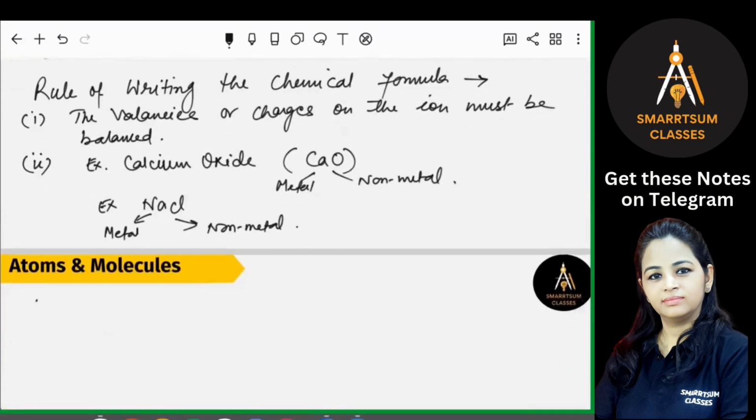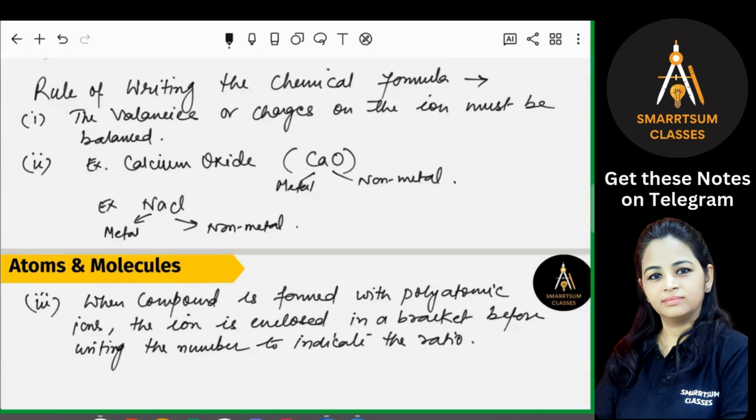Then the third rule is when a compound is formed with polyatomic ions, the ion is enclosed in a bracket before writing the number to indicate the ratio.